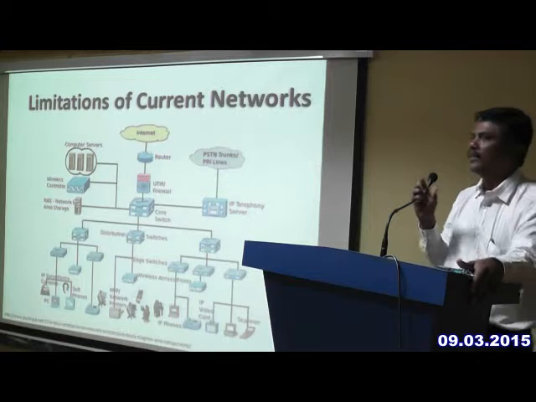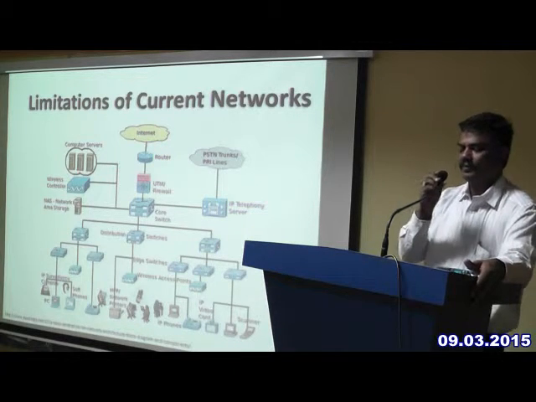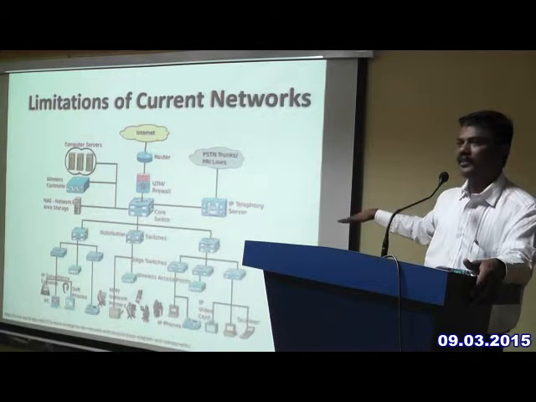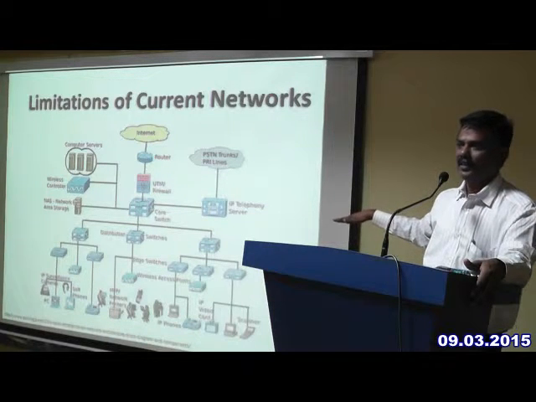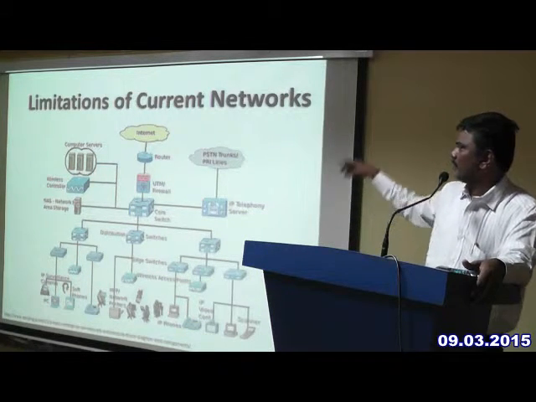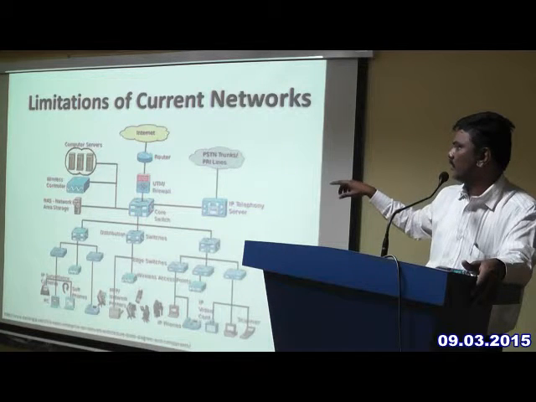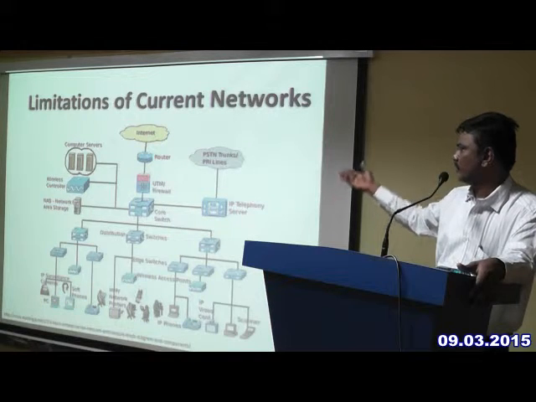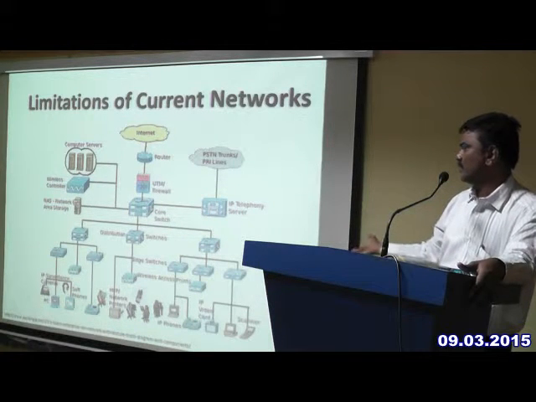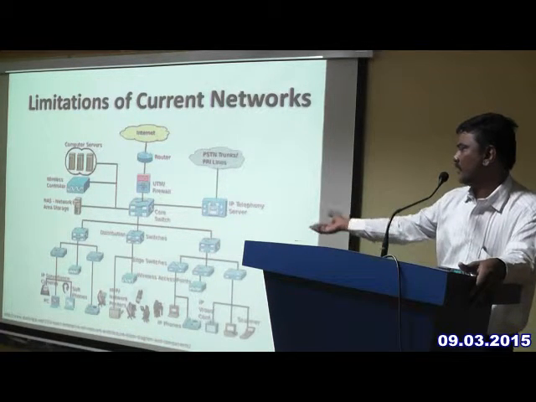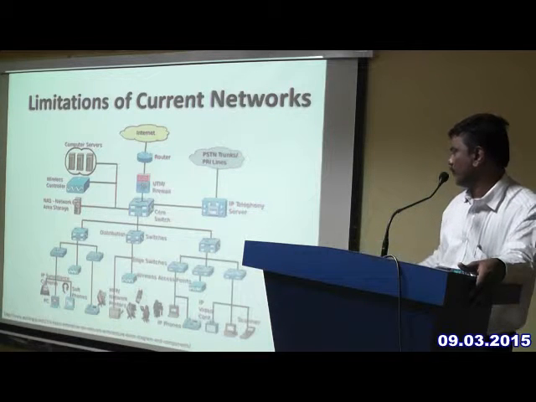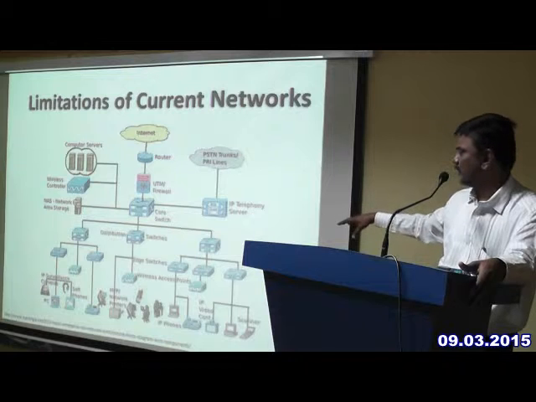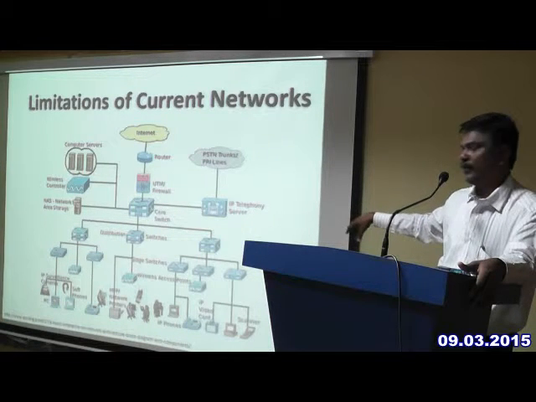You can see how the dissemination of data takes place. Internet routers are there, then firewall, then core switches. From the core switches, distribution happens and it reaches various applications like video, and different types of components.